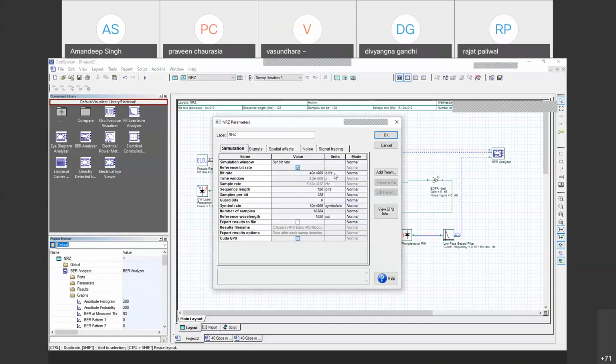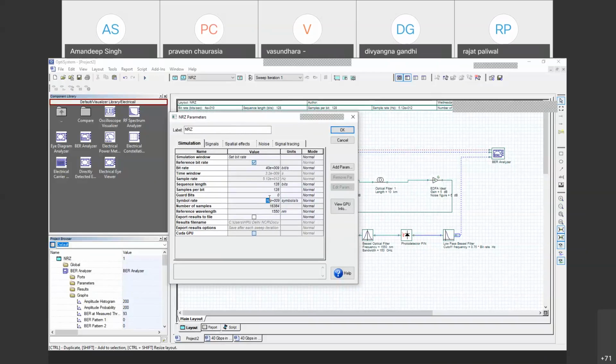Can we take a 40 Gbps bitrate and a symbol rate also of 40 Gbps? You can. It depends on the result calculation. You can also give it a sweep if you want to provide it by a scripting method.